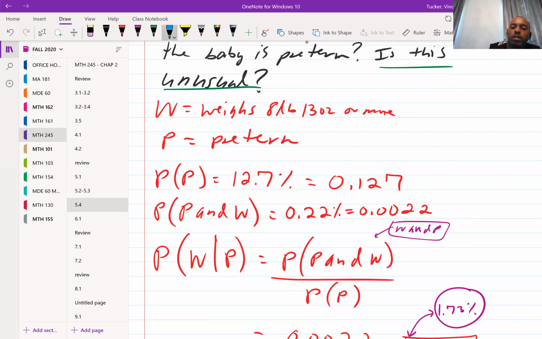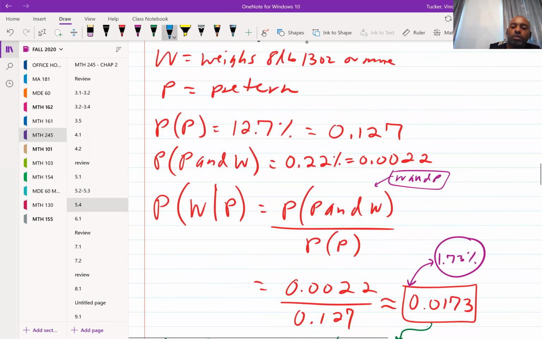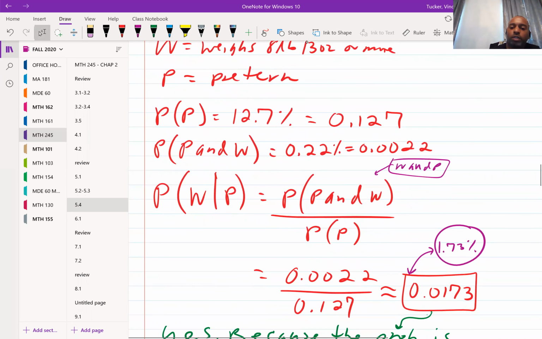So that's 0.0022 on top, 0.127 on bottom. And that will calculate to 0.0173. Any problems?